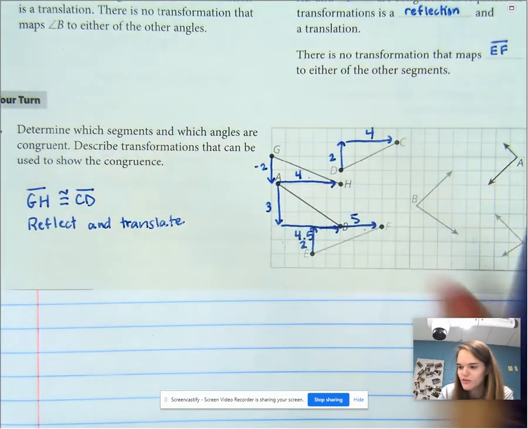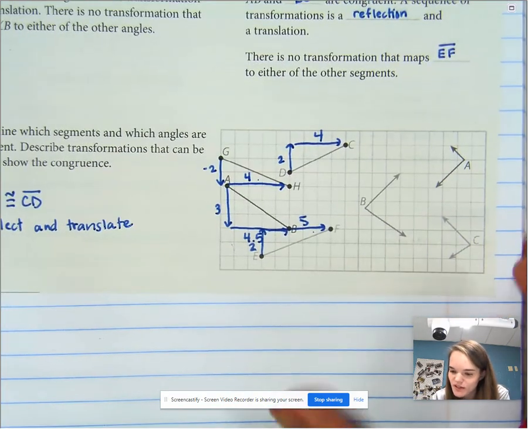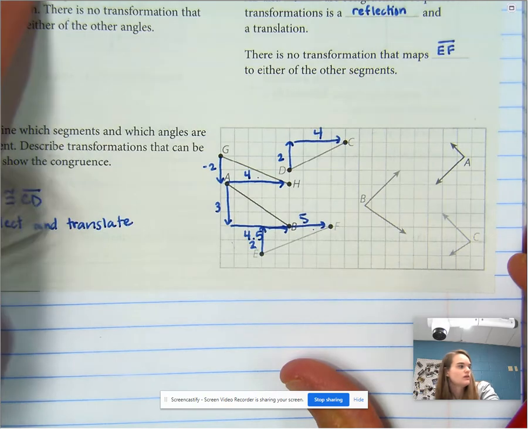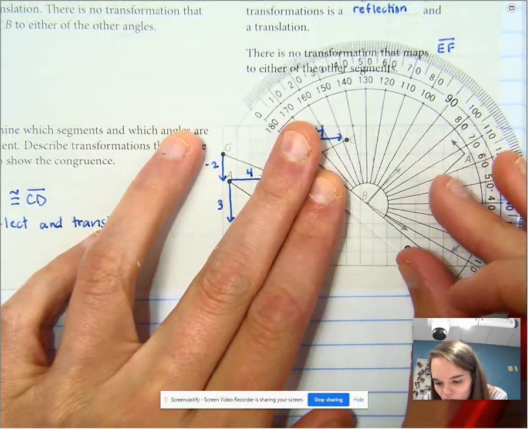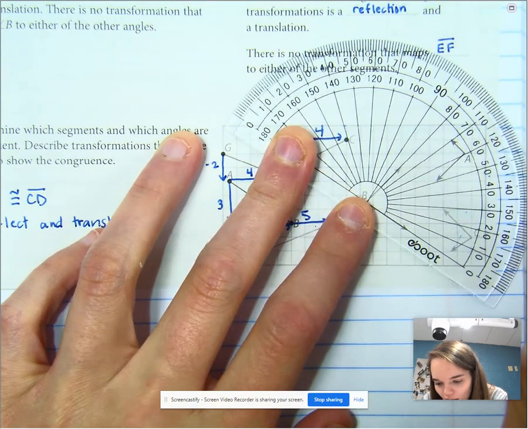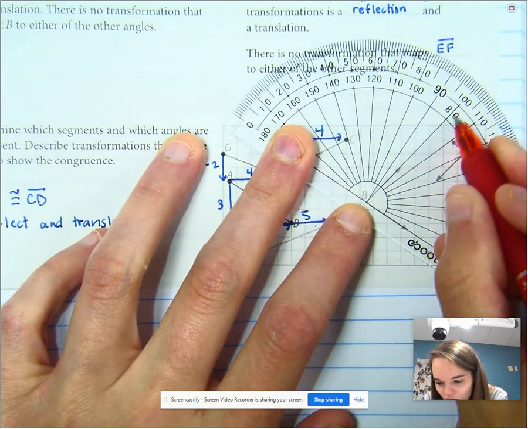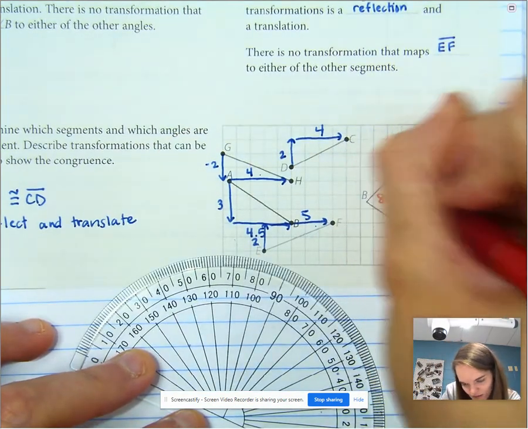Okay, that's the segment. Now let's do the angles. This one's going to be hard to actually count the slope, so we're actually going to measure. Okay, gotta line it up. Here's my angle. It points exactly to 80. Okay.